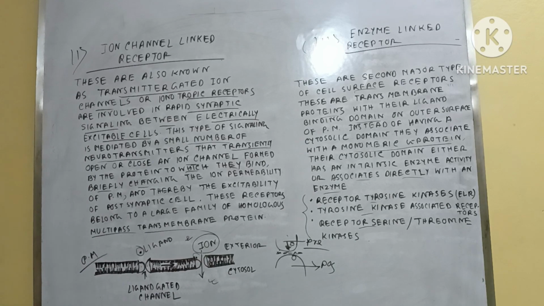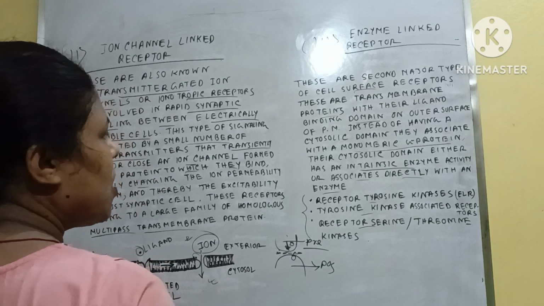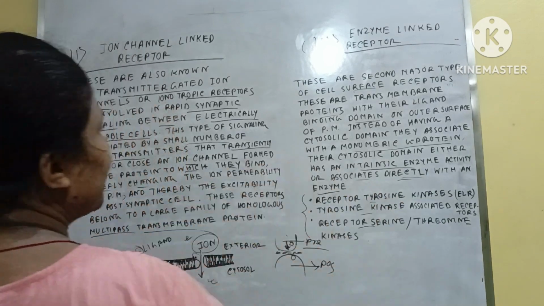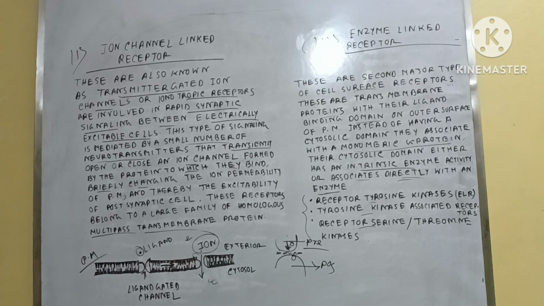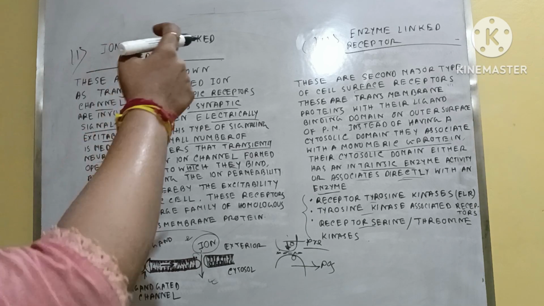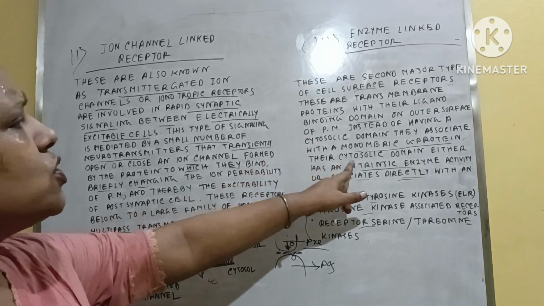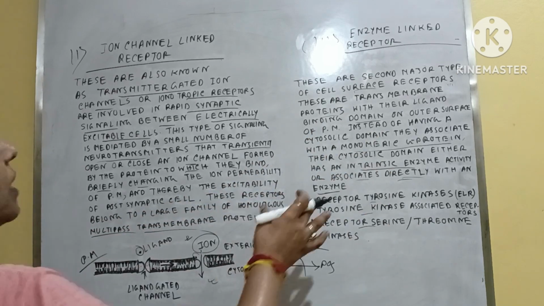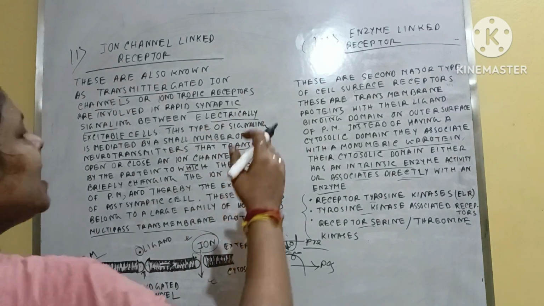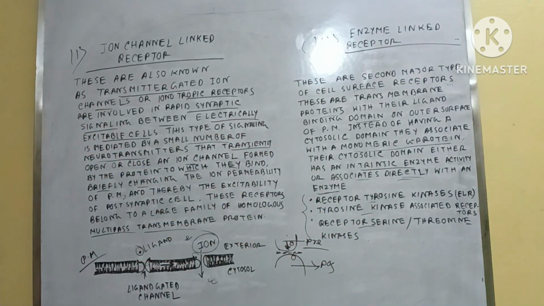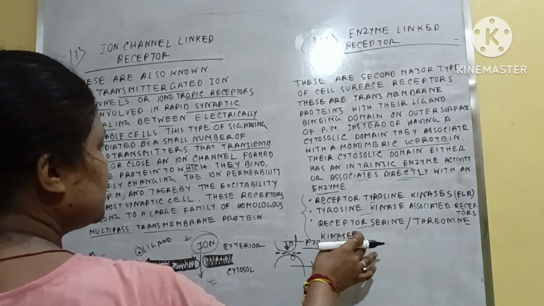Because the cytosolic domain already has intrinsic enzyme activity or is already bound with the enzyme, there are three types of enzyme linked receptors.